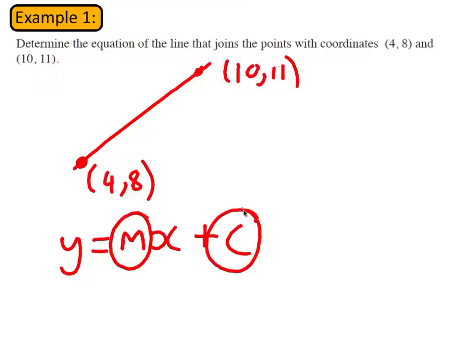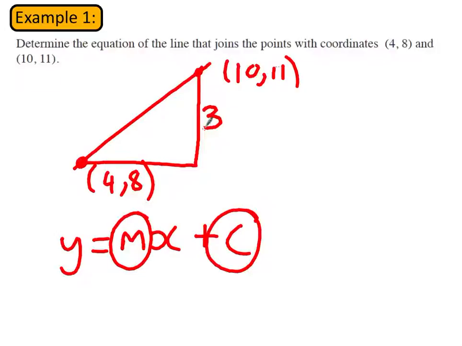So how do we find the gradient? Well, we need to work out, of course, the change in y divided by the change in x. If we look at the 2 coordinate points, the lower one has a y coordinate of 8 and the one above has a y coordinate of 11. So the difference between the 2 is 3. It goes up 3.